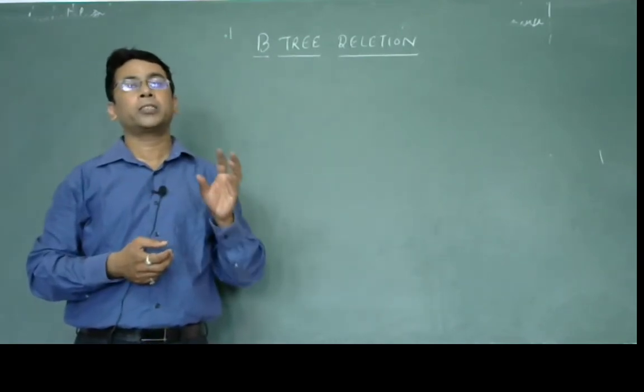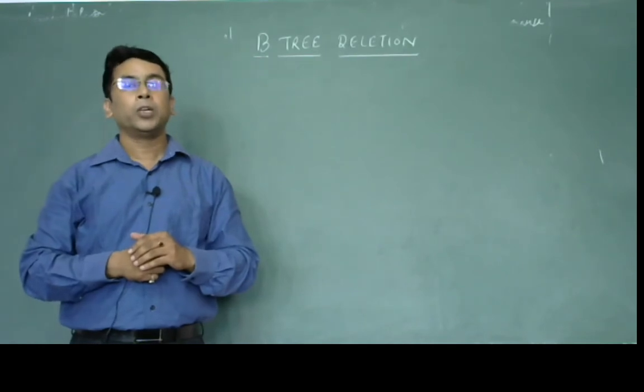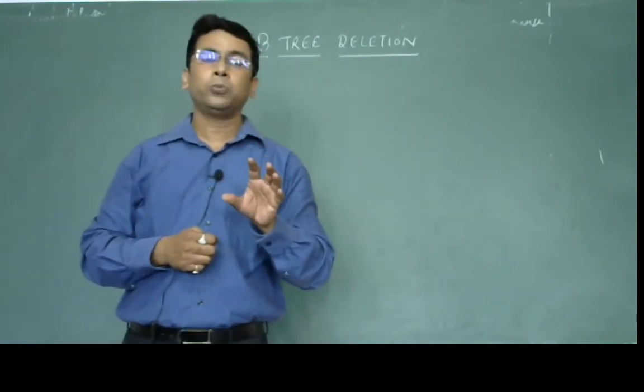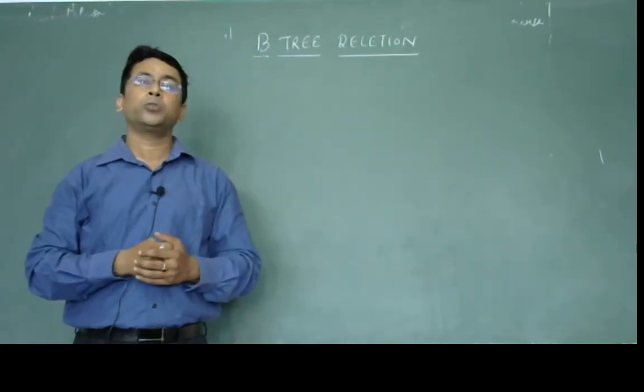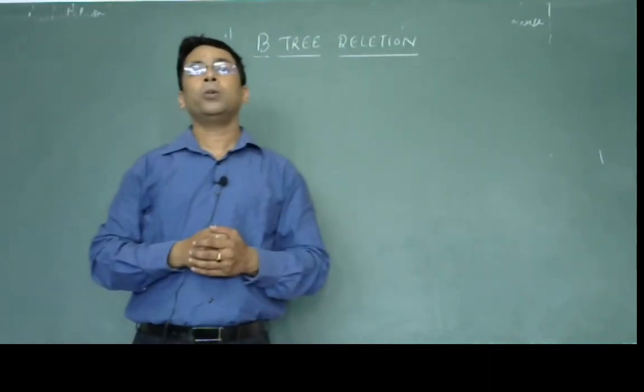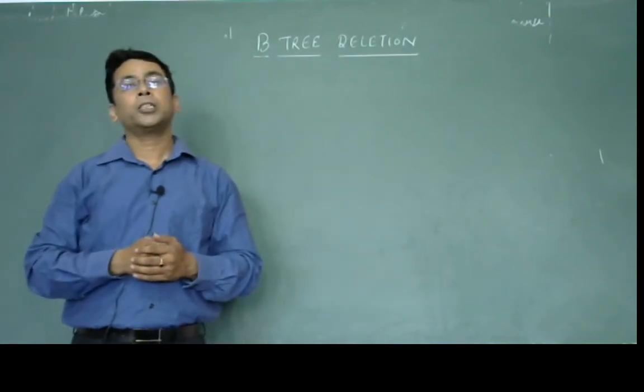Because of that, the structure of the B-tree gets disturbed. So the B-tree tries to save its pointers also. If it is not in a situation to save its pointers, then only it merges or splits.